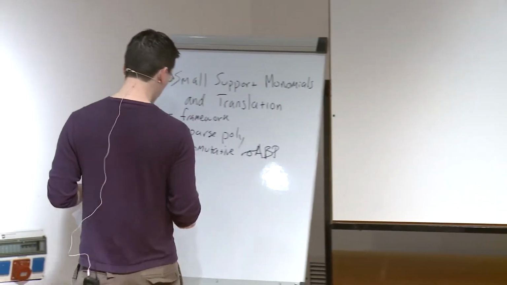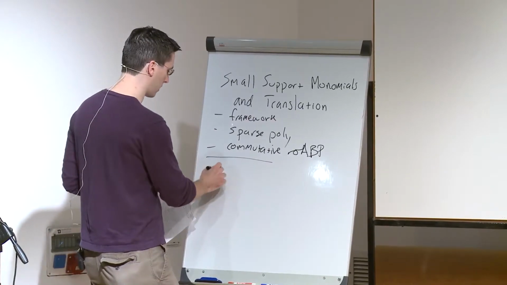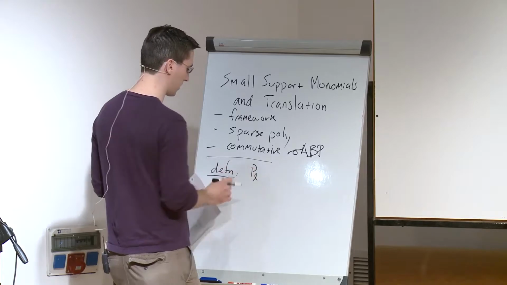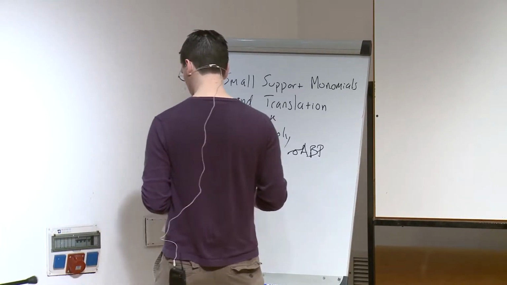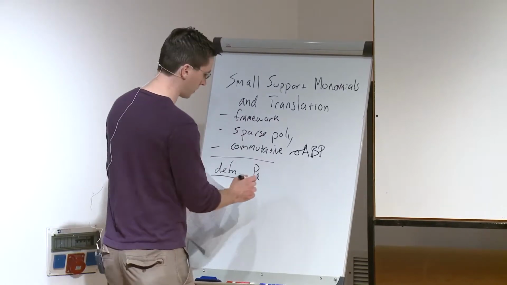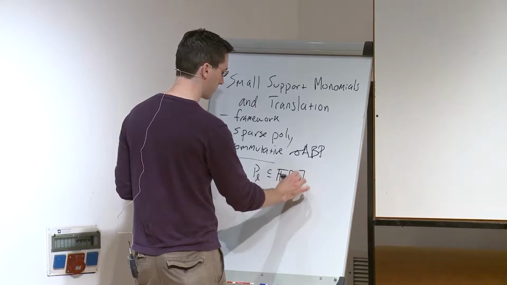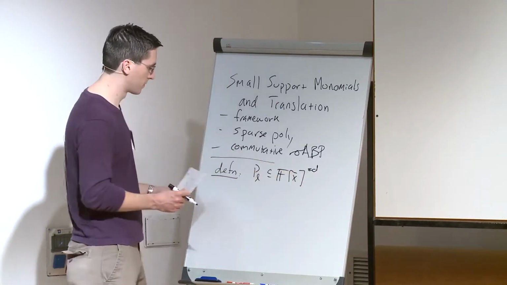Okay, so the main actor for today is the following set. It's going to be P sub L. And P sub L is going to be a set of polynomials. As always, I'm going to have n-variate polynomials of degree at most d.